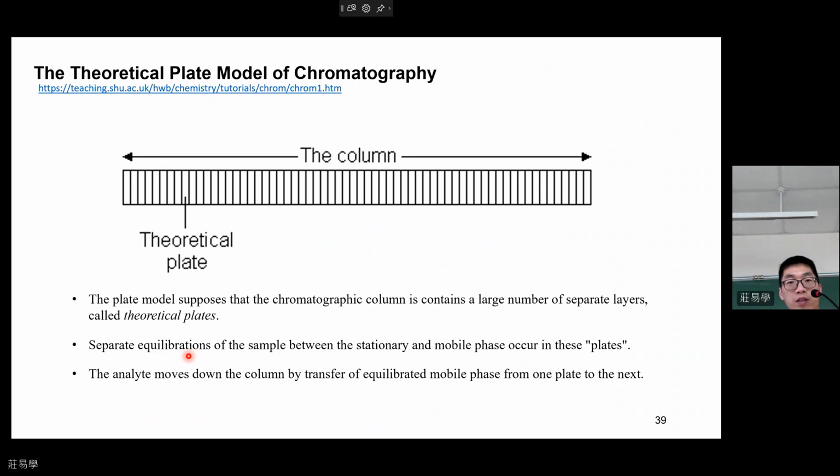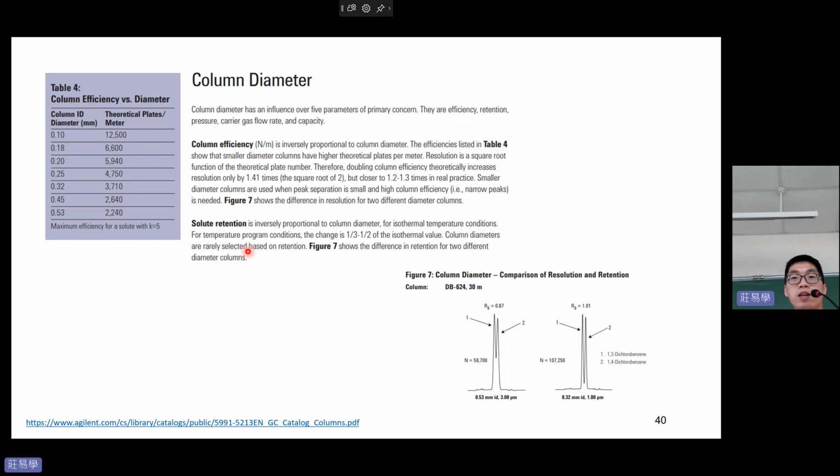Equilibration of the sample between the stationary phase and mobile phase occurs in these plates. And the analytes move down the column by transfer of equilibrated mobile phase from one plate to the next. Well, these are the key contents of the plate theory. But anyway, that's not the point here. So let's look at these slides.